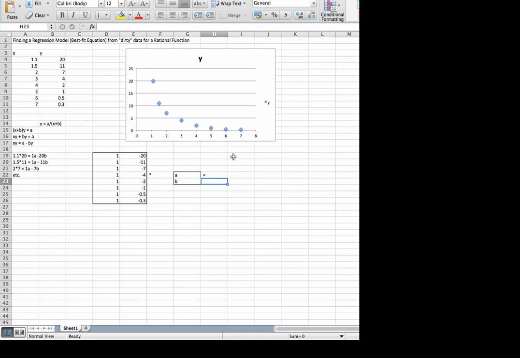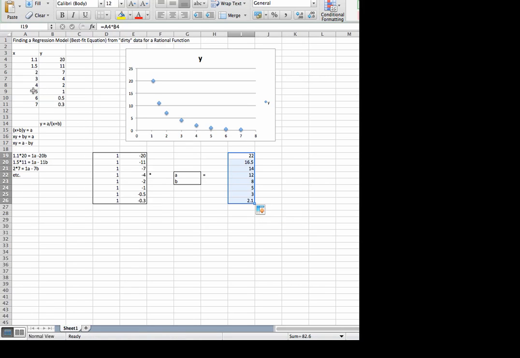So I'm going to come over here and say equals, and take the x value times the y value and hit enter, and now it's doing all of the computation for us, and we just fill that down.